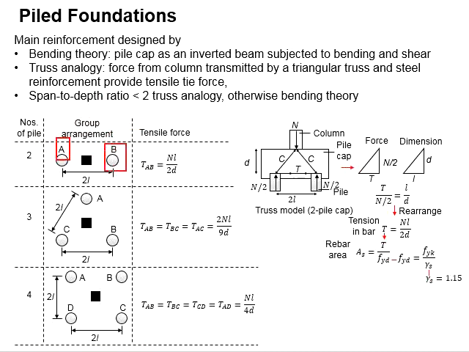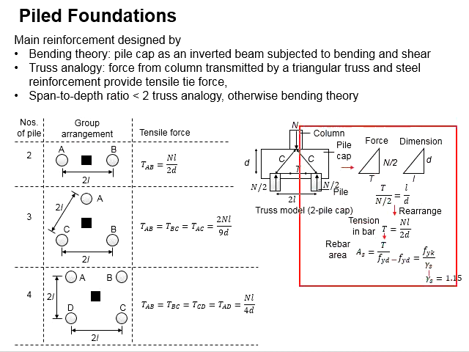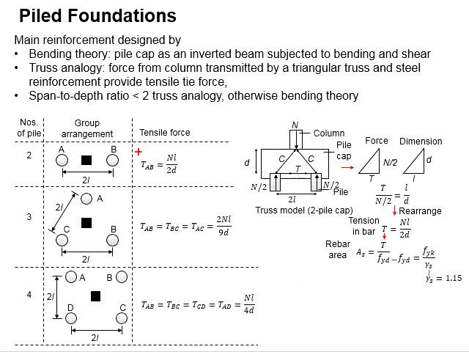The A, B here represent the piles, while this represents the columns. On basis of the derivations, you will obtain the tension bars between the pile A and B is given by this formula. When there are 4 piles, the reactions per pile will be equal to N per 4.